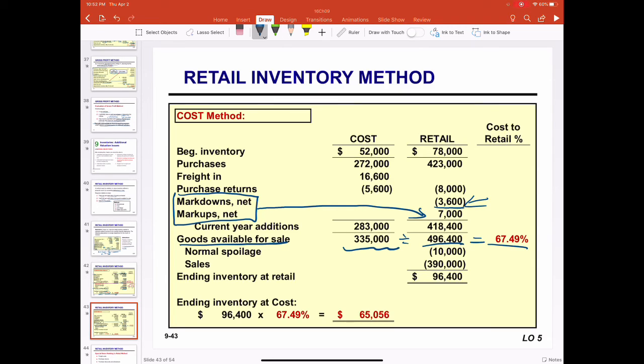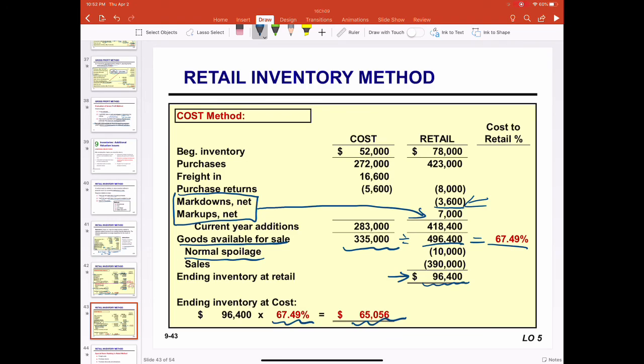Because we considered the markdown before we calculate this ratio, after that there's only spoilage available. So we subtract spoilage and sales, we get ending inventory at retail. So this is no different from the conventional method. The only difference is the ratio. So the ending inventory at cost is different from the conventional method.